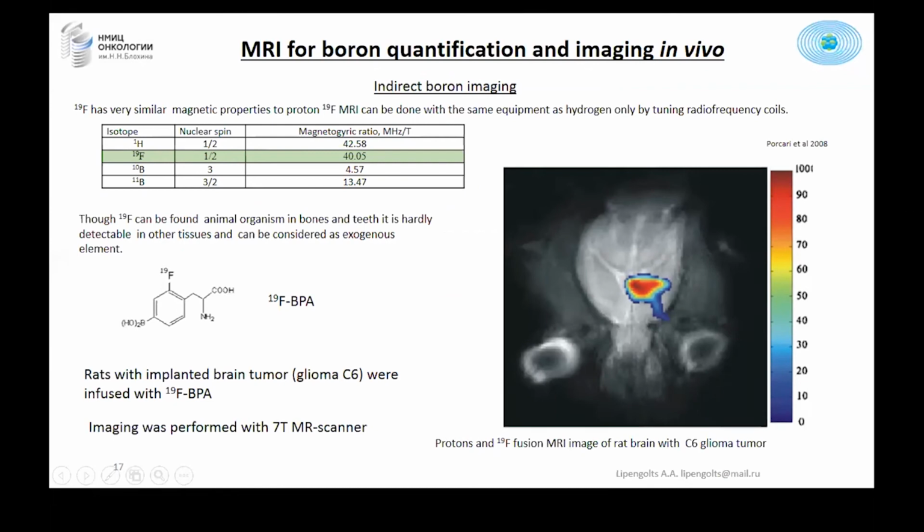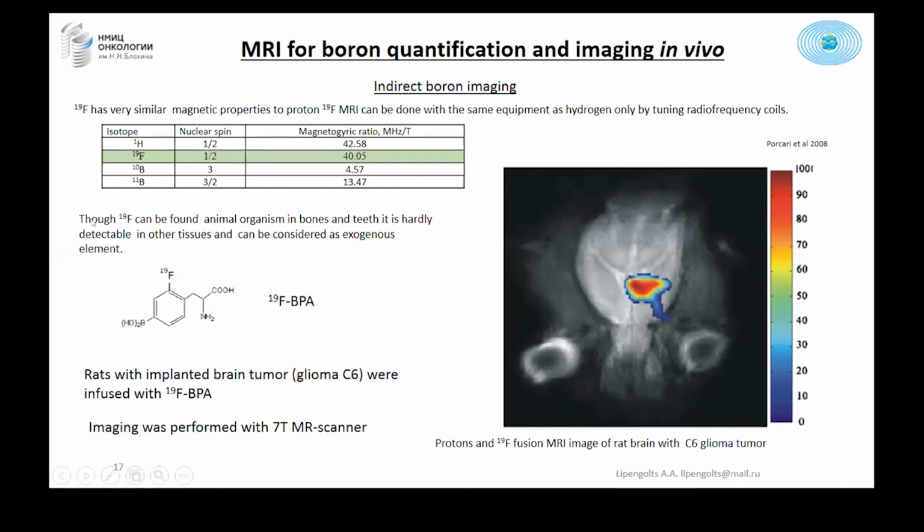They labeled the known boron-containing pharmaceutical boronophenylalanine with fluorine-19, and this isotope can be considered exogenous because it can be found only in teeth and bones, and in most soft tissues it cannot be found in a significant amount.